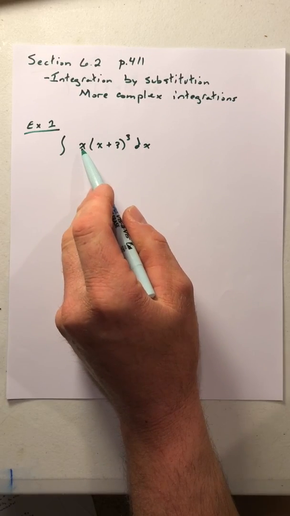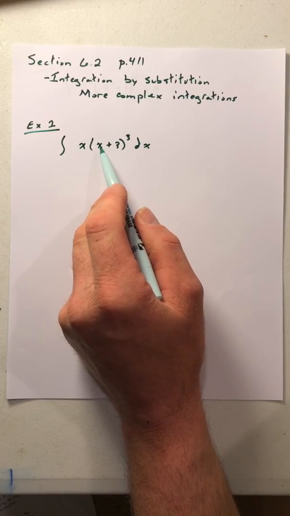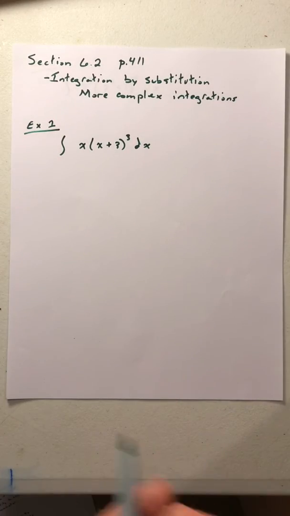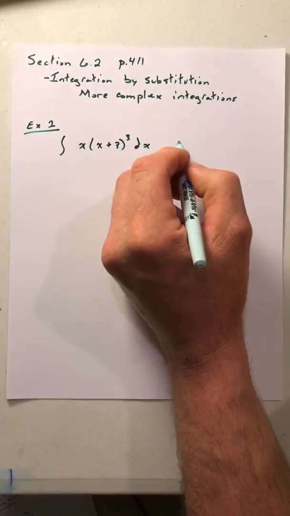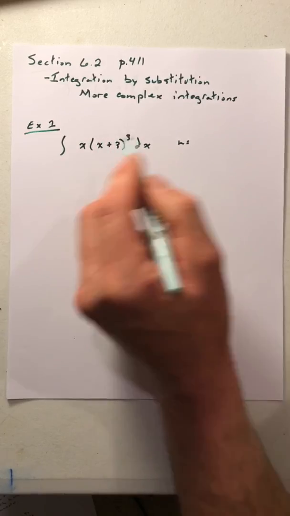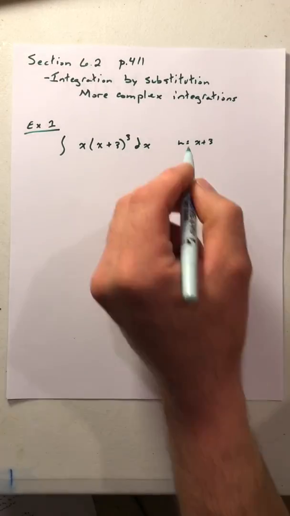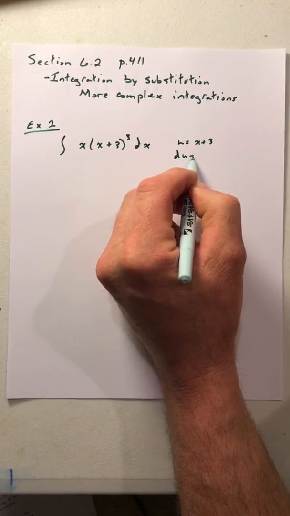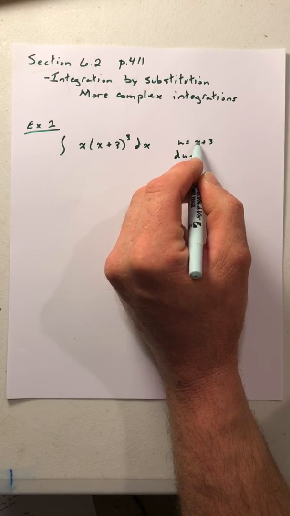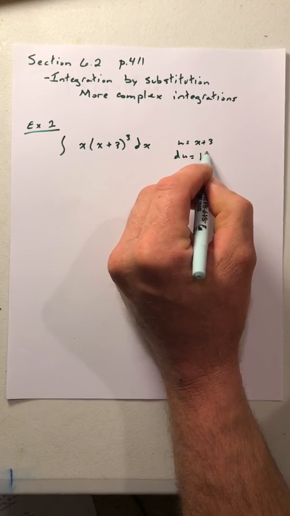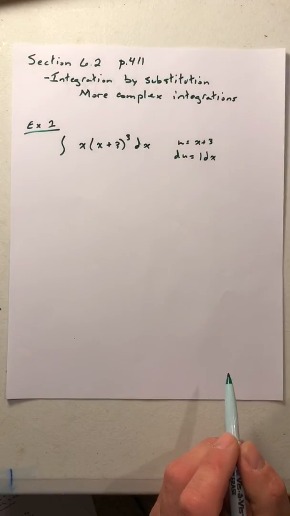Example 1: the integral of x times the quantity x plus 3 to the third dx. To integrate this, we say u is going to be the part in the quantity, x plus 3. Then du is the derivative of x, which is 1, plus the derivative of 3, which is 0, so we get 1 dx.